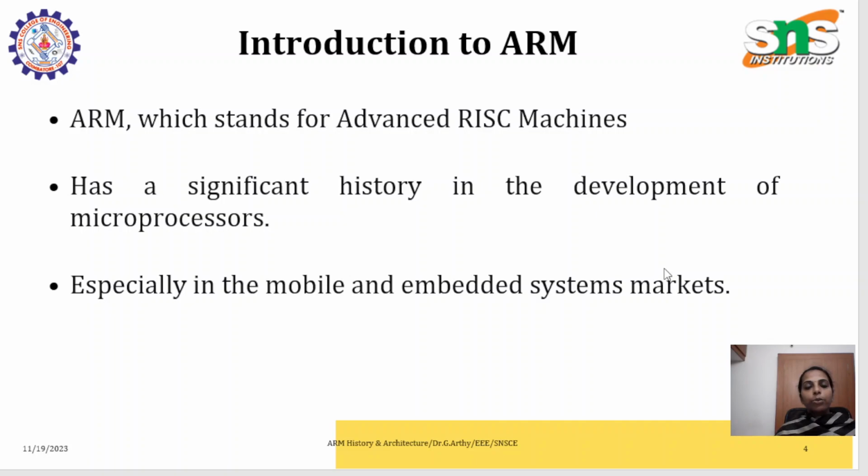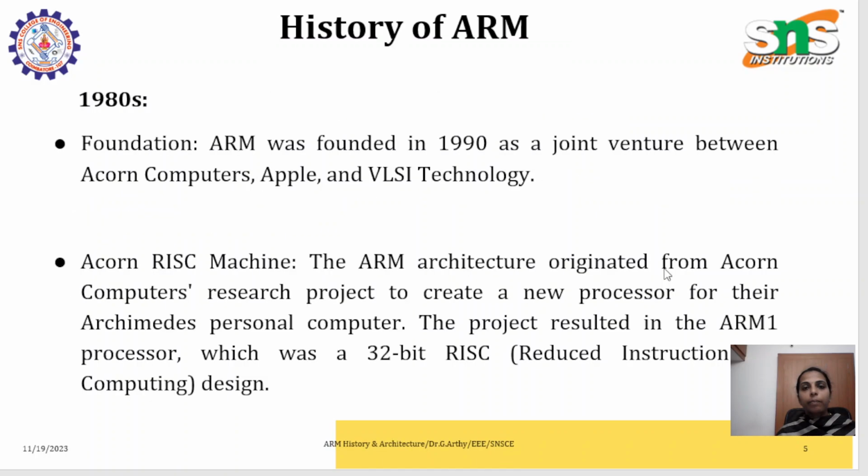So, introduction to ARM. ARM stands for Advanced RISC Machines. It has a significant history in the development of microprocessors, especially in the mobile and embedded system markets. ARM is used especially by mobile devices as well as wearable devices. History of ARM: if we see the history of ARM, it started early in the 1980s.